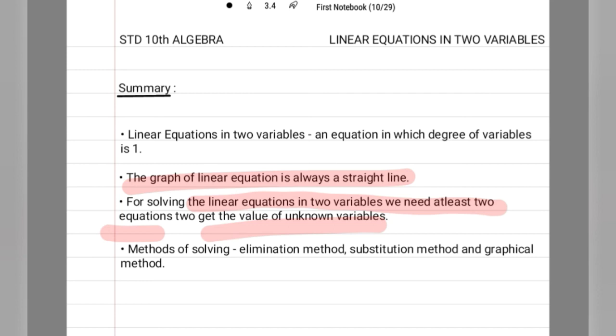Now I would suggest you to use elimination and substitution methods the most. And the graphical method is not that important, because every time we need a graph for solving these types of sums, and it is mentioned in your questions whether you have to solve it by elimination method or substitution method or graphical method.